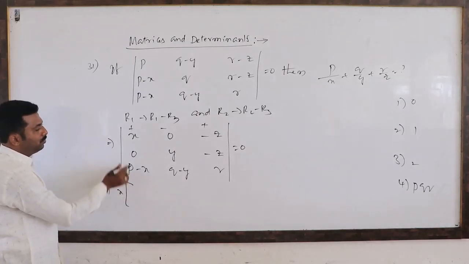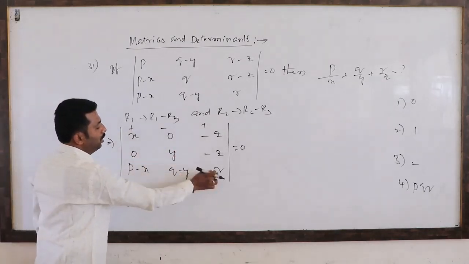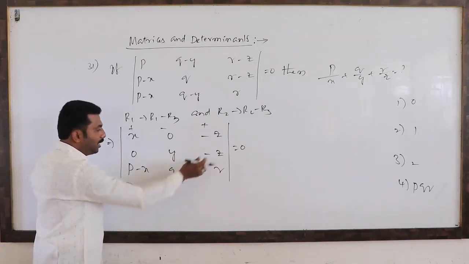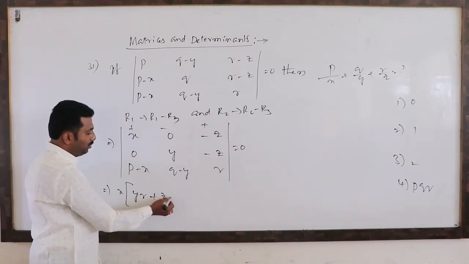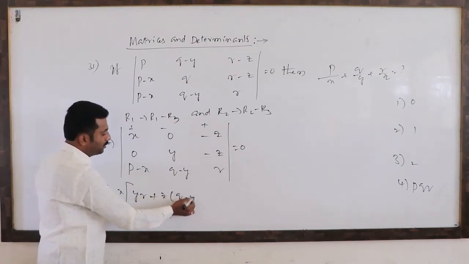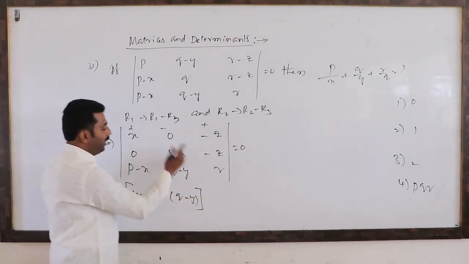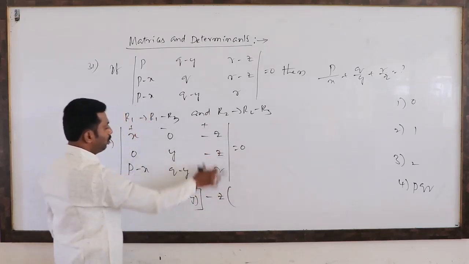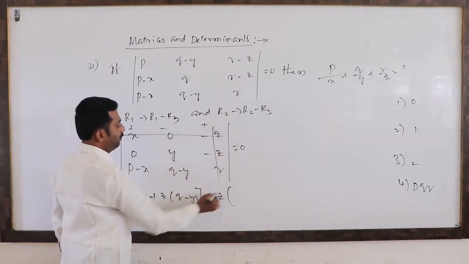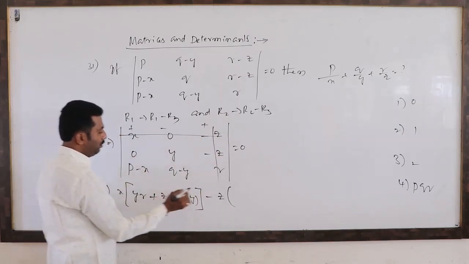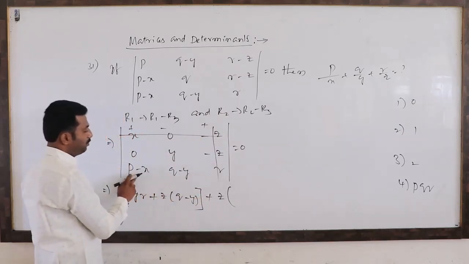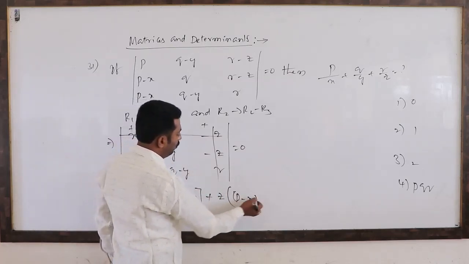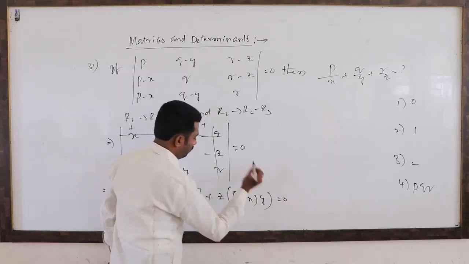See here, X into, you close this column and this row, Y into R, minus, already minus Z is there, so Z into Q minus Y, minus 0 into something is 0, minus Z into, you close this column and this row, 0 into this one is 0, minus of minus means plus, (P minus X) into Y equal to 0.